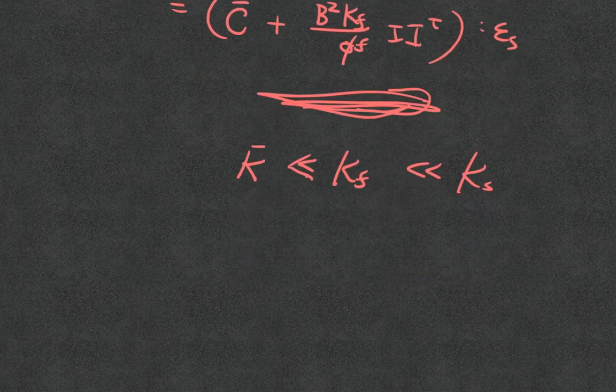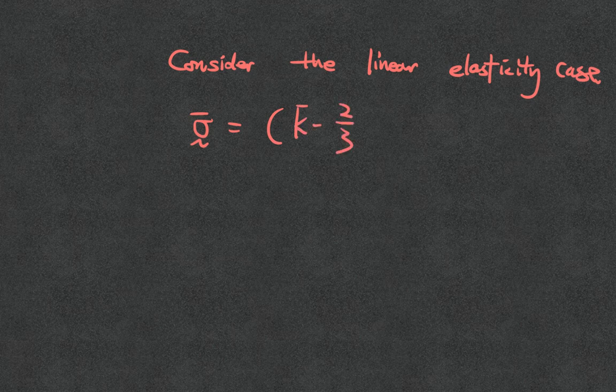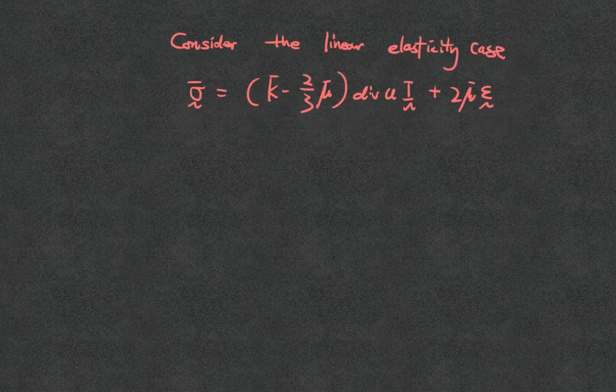Okay, from your undergraduate courses, consider the linear elasticity case. I have the effective stress equal to K minus 2 divided by 3 times the Lamé constant times the divergence of U times identity tensor, plus the deviatoric term.